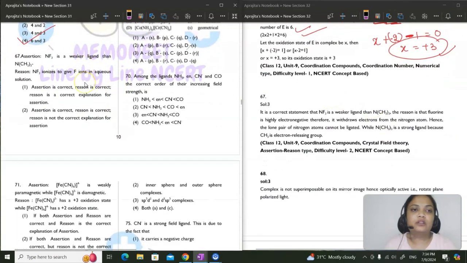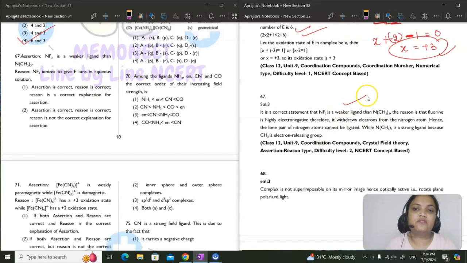Now assertion: NF3 is a weaker ligand than N(CH3)3. Reason: NF3 ionizes to give fluoride ions in aqueous solution. So students, it's correct that NF3 is a weaker ligand than N(CH3)3 because fluorine is an electronegative atom. It is highly electronegative, so it withdraws electron density from the nitrogen. So the lone pair of nitrogen cannot be donated, right?